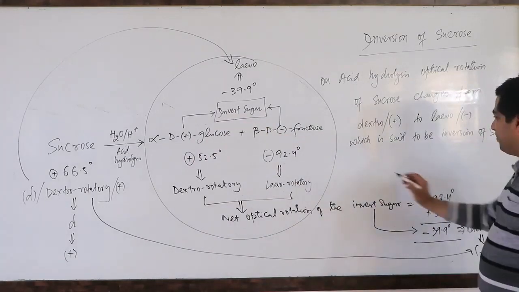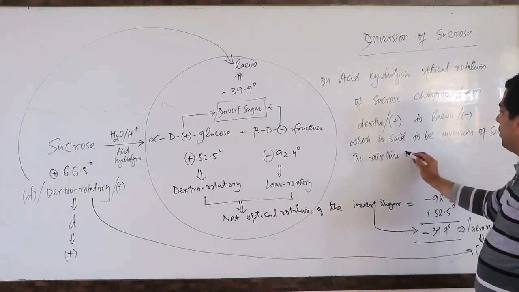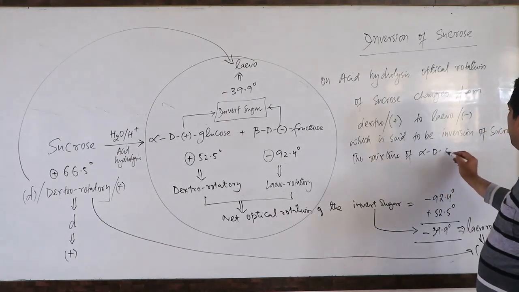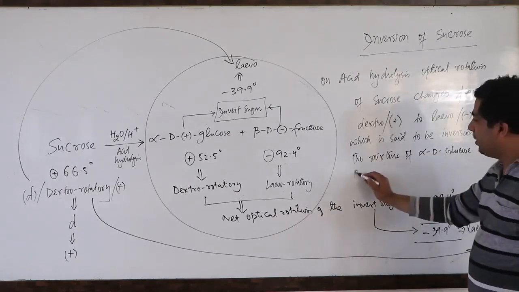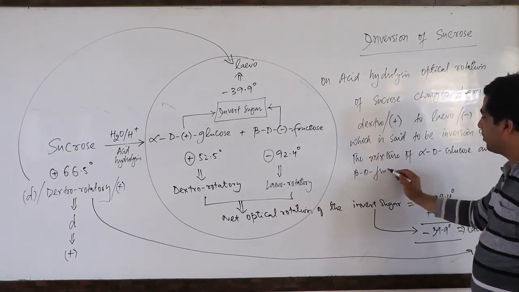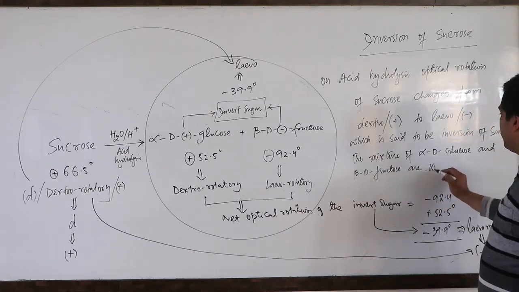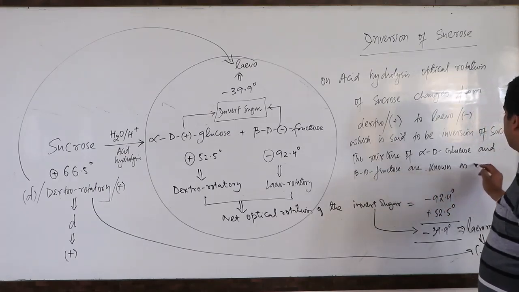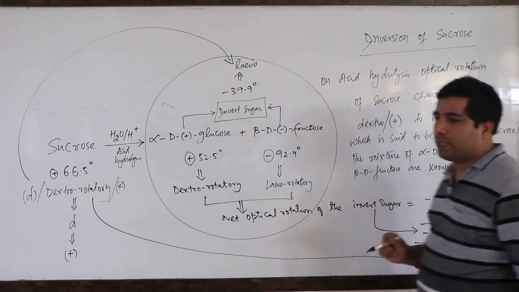So I'll mention here, the mixture of alpha D glucose and beta D fructose is known as invert sugar. Invert sugar. I hope you have understood, my dear friends.